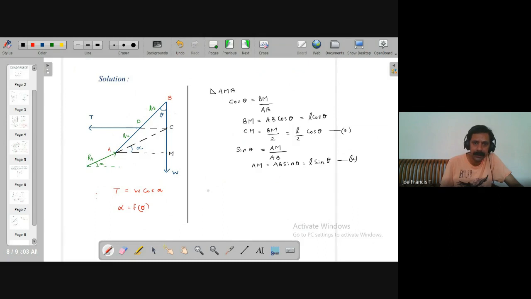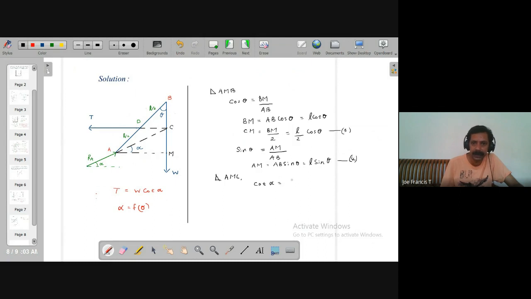Now we can consider another small right triangle, AMC. From this, our interest is cot alpha, because you look for a substitution for alpha. Cot alpha is adjacent side by opposite side.